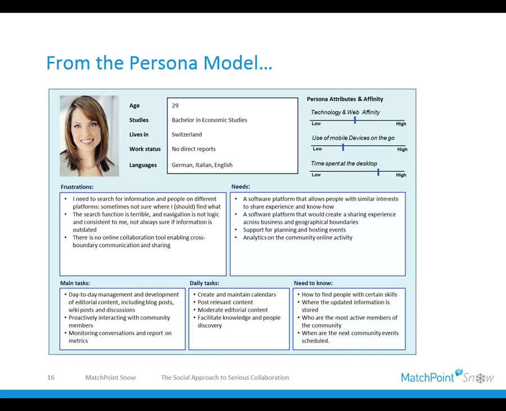Also on the UI level, Snow has deep conceptual roots. Based on the persona model, we have defined 5 generic roles in the organization, such as the team leader, the team member, the community owner, or the project manager, together with their needs and pains.